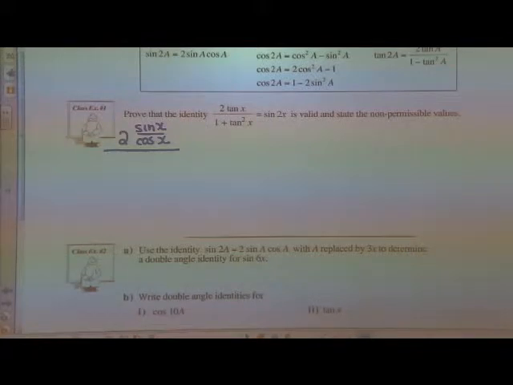Can I do anything with that? Do you see a tan squared x or tan squared theta anywhere on your formula sheet? You can change it to secant squared.